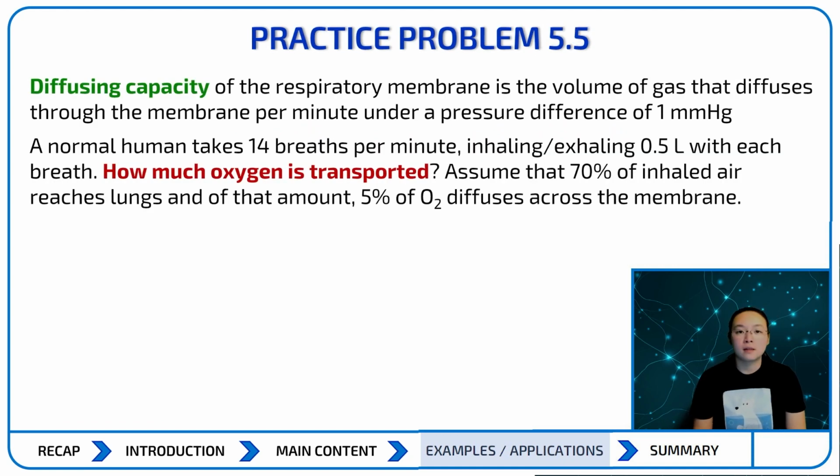This one goes through diffusing capacity. It goes through a description of what it expects you to assume. For example, 70% of inhaled air is going to reach your lungs. And of that amount, 5% of oxygen will diffuse across the membrane. So in this case, most likely you'll have to use Fick's law for diffusion to calculate how much oxygen is transported.